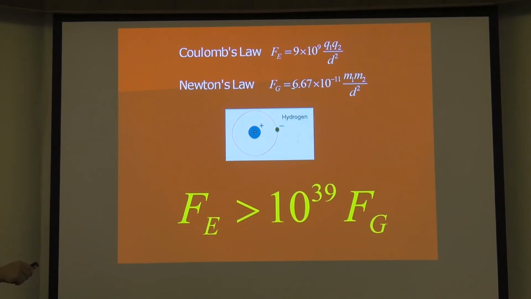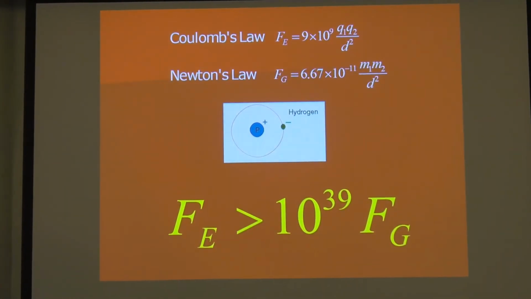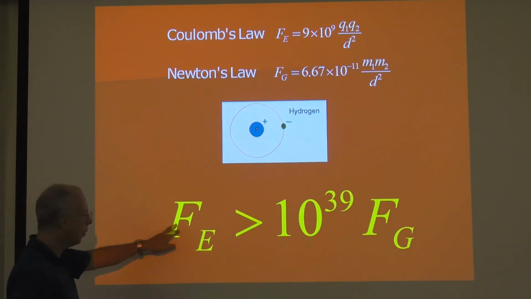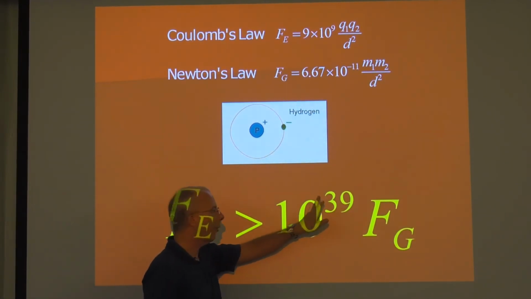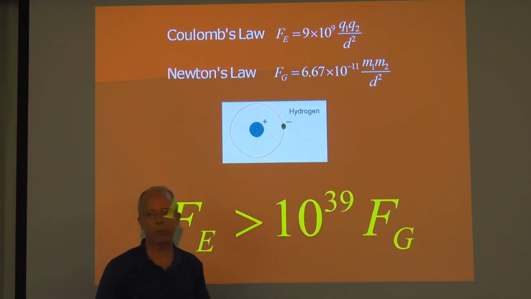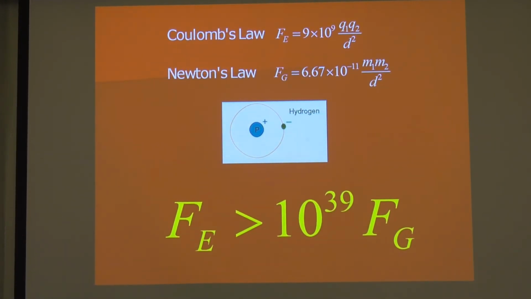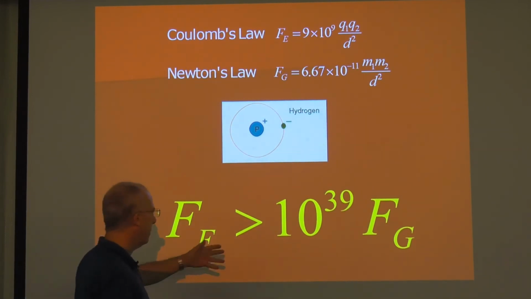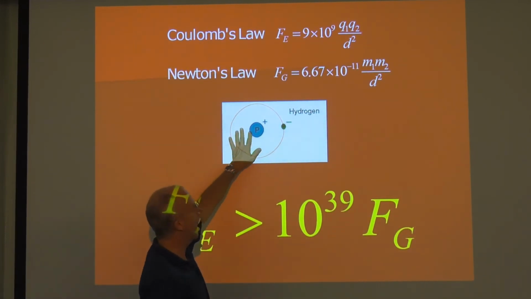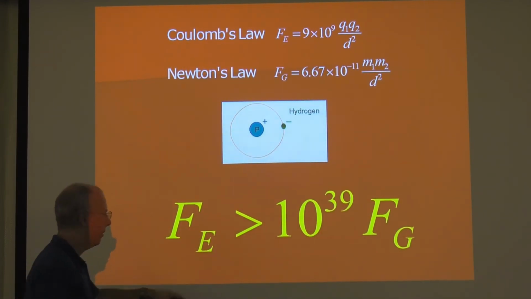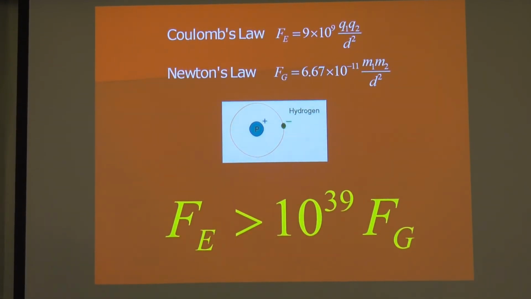Here's the gravitational force law that we learned in 121. So you plug in the numbers and look. The electrical force is more than 10 to the 39 times the gravitational force. 10 to the 39! That's a huge number. So, what do you say? When we're doing atomic physics, do we have to worry about gravity? No, because it's tiny.